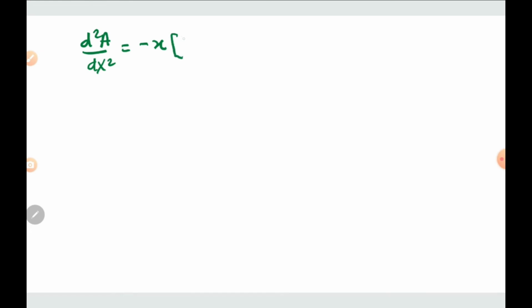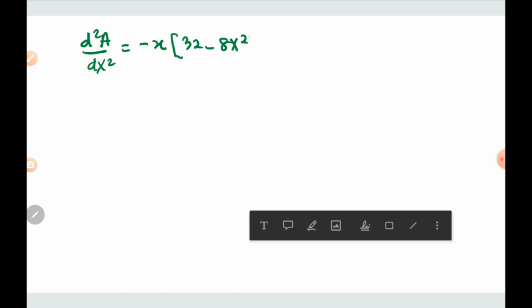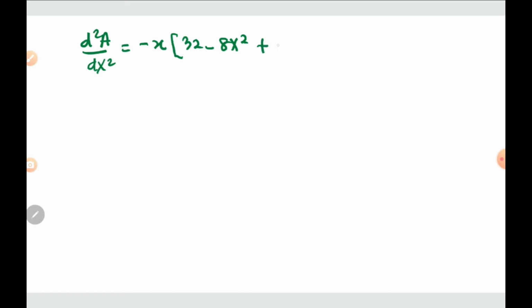In the bracket we have 32 minus 8x squared plus 4x squared minus 8, over (4 minus x squared) to the power of 3 over 2.